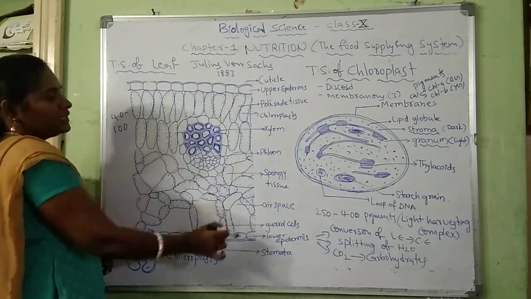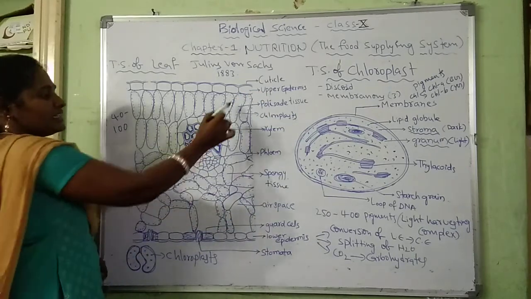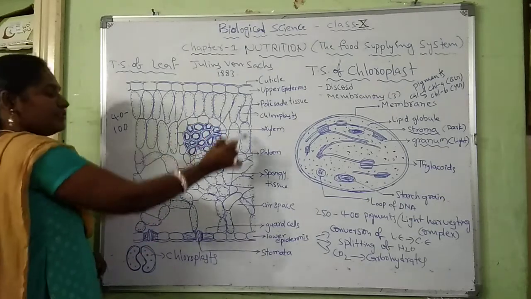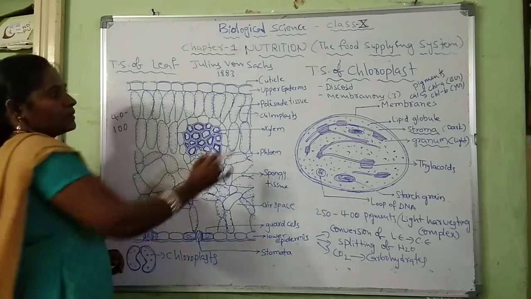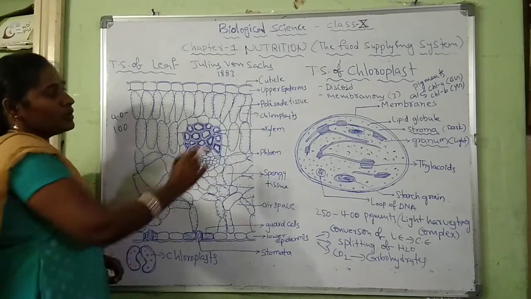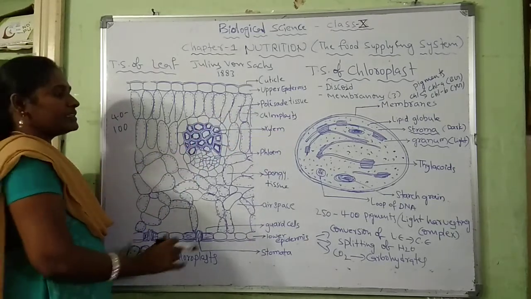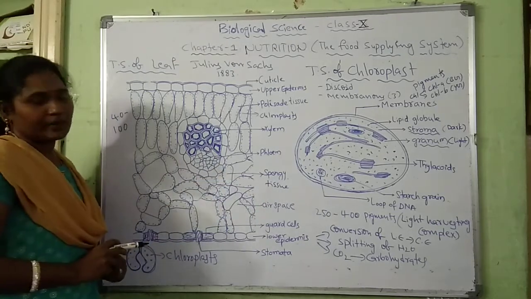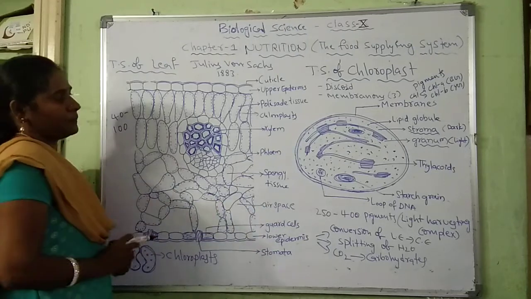In between those two epidermal layers, there is the mesophyll tissue. This mesophyll tissue is again divided into two types, palisade tissue and spongy tissue. Palisade tissue cells are cylindrical in shape, whereas spongy tissue cells are irregular in shape, and these cells have so many air spaces.